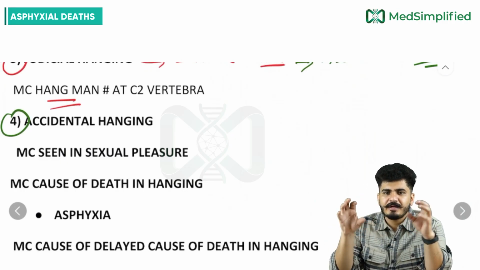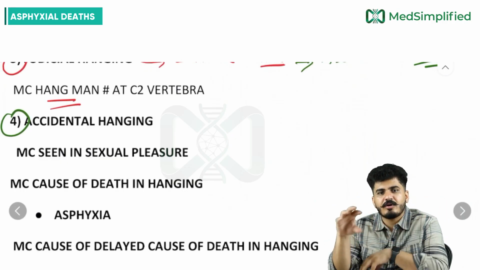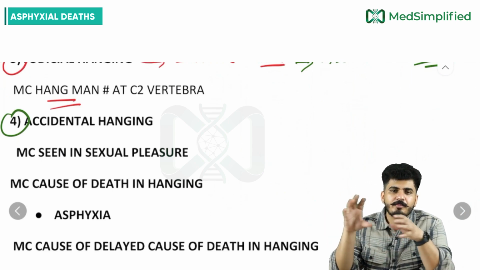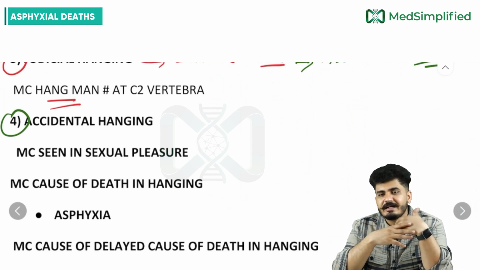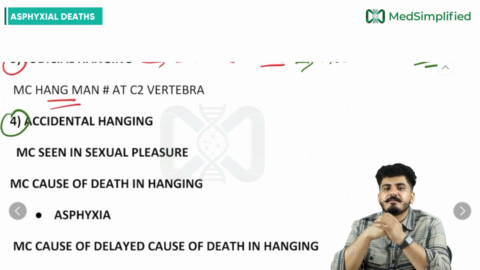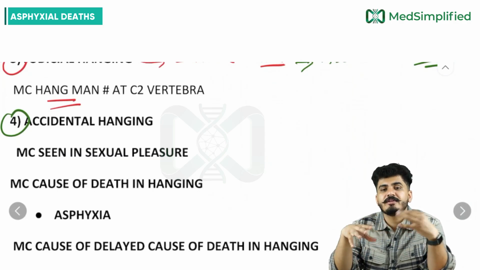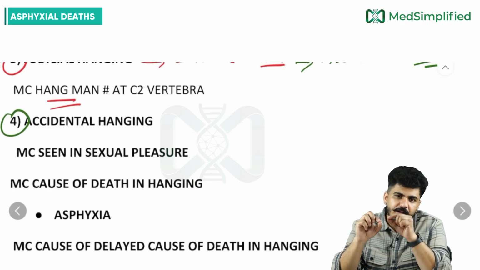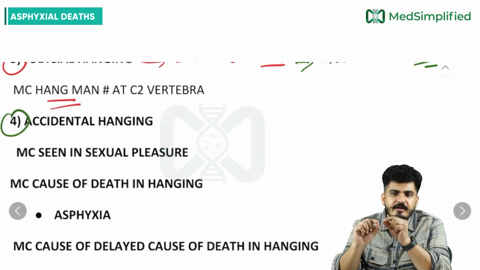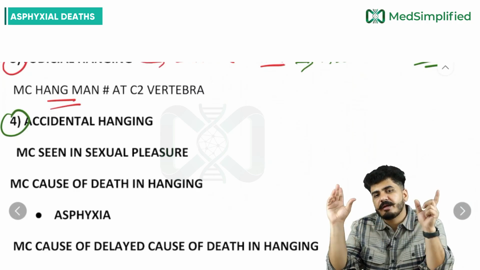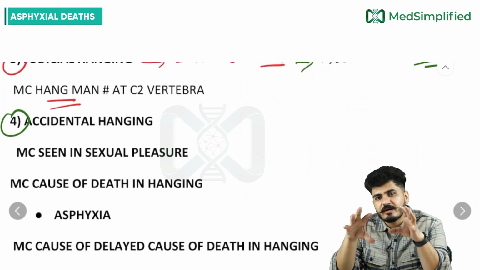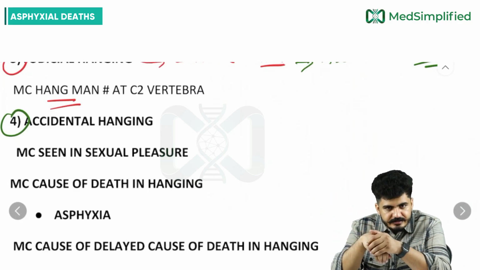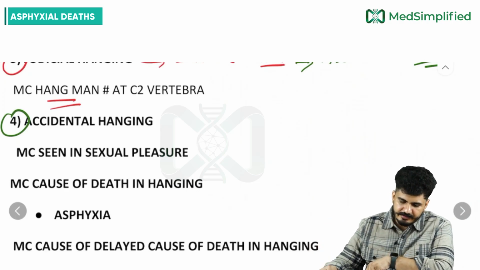So these people regularly practice this. When two people are having sex, one demands, please choke me, and while choking, they get pleasure. These people love suffering pain, and they are called masochist personalities.